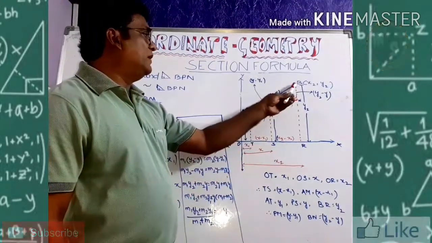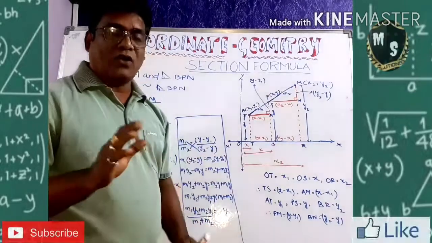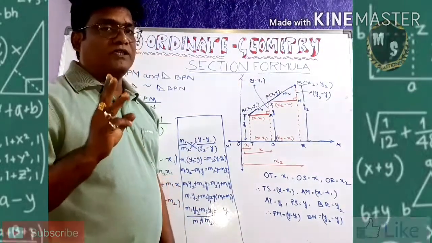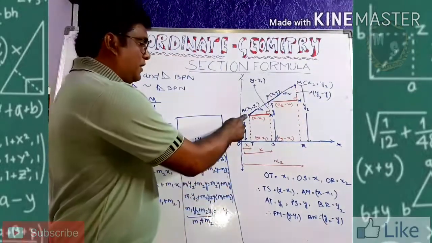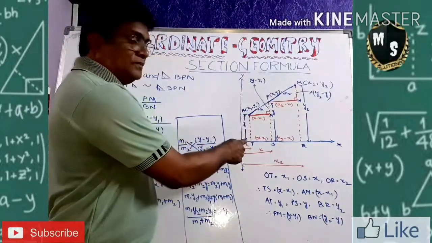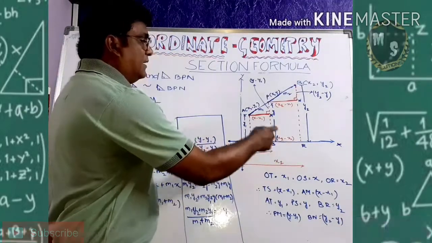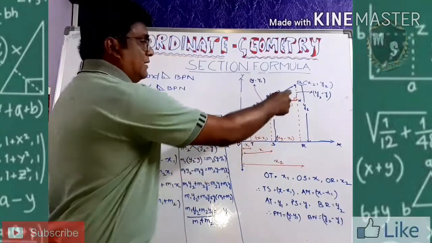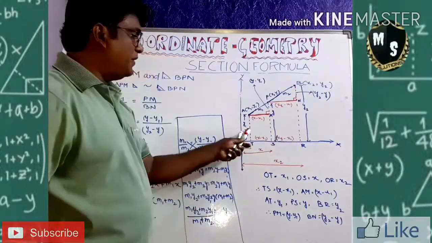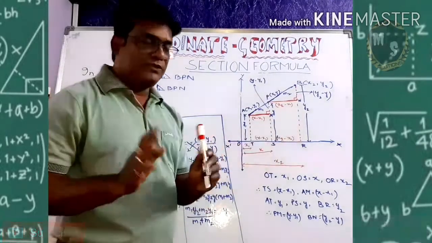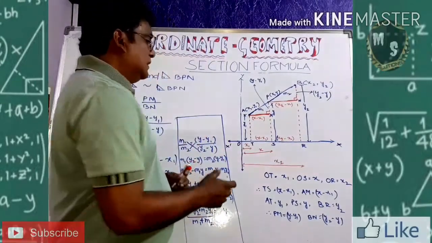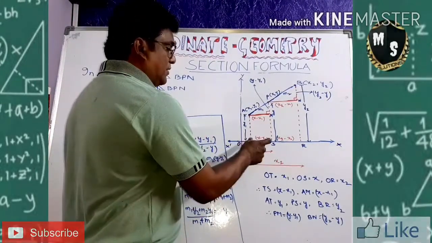Then another perpendicular, BR. So I project 3 perpendiculars from 3 points. From A point, 1 perpendicular, that is AT, touching the x-axis, and PS and BR are the 3 perpendiculars drawn. Okay, understood?